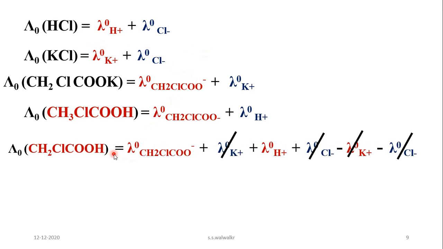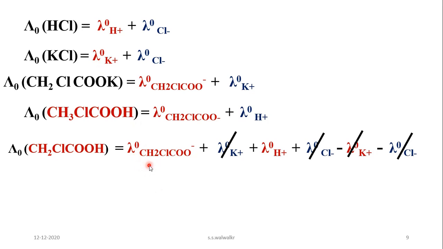So lambda 0 of monochloroacetic acid is obtained by first adding the lambda 0 values of monochloro potassium acetate and of HCl, and from that we subtract lambda 0 of KCl.